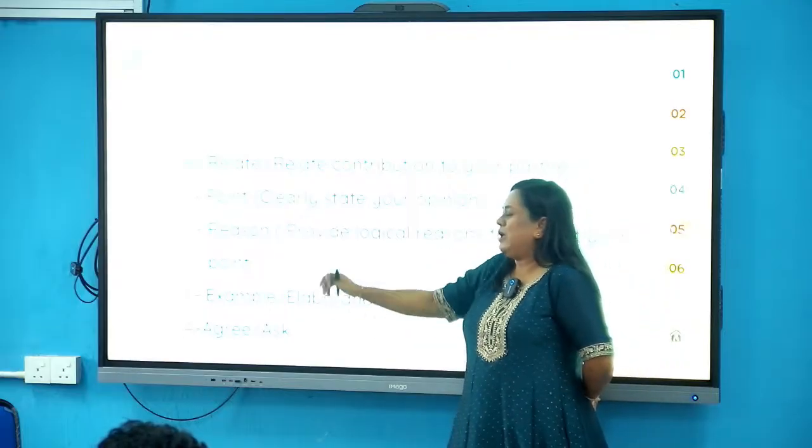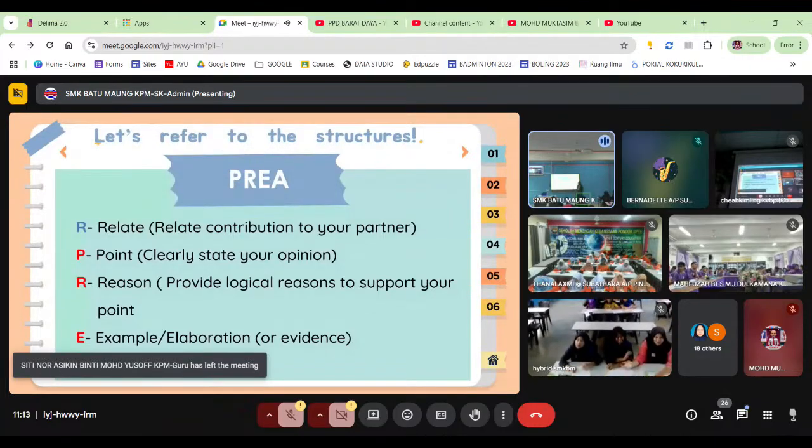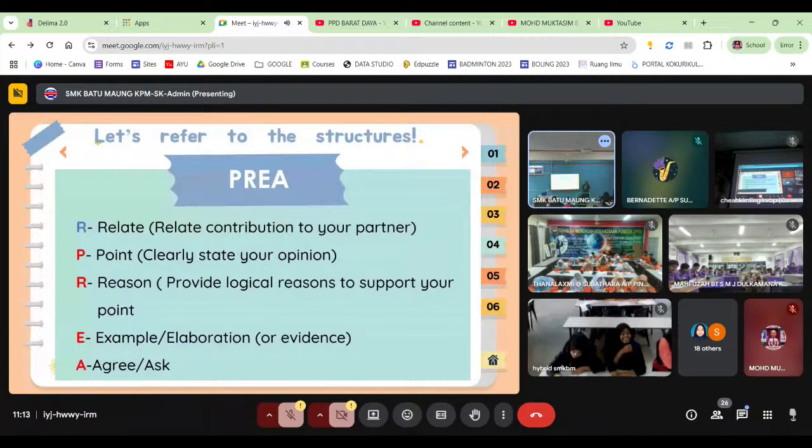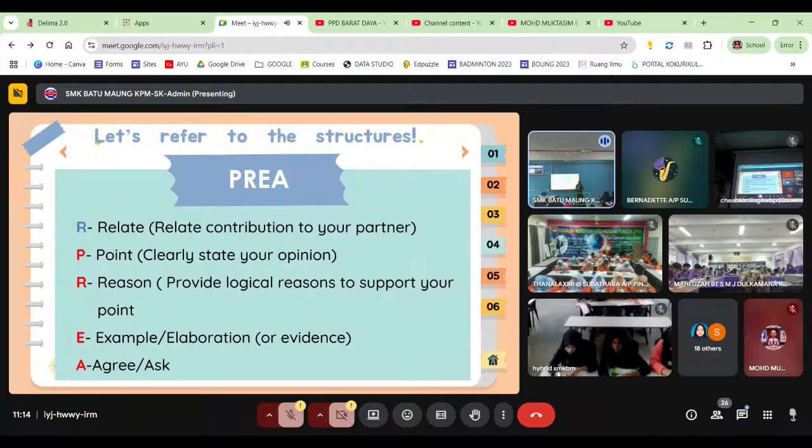So start with P. You can write it down on your handout. P stands for point. So, state your point clearly. Choose one point and state it clearly. Followed by R. Give a reason why you chose that particular point.